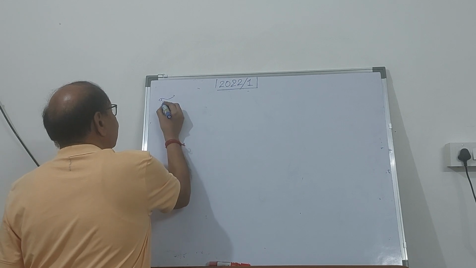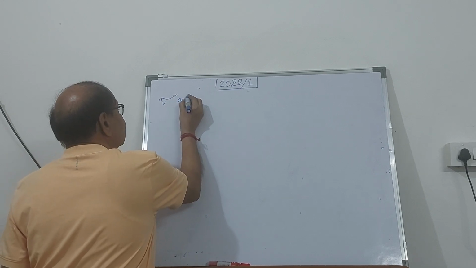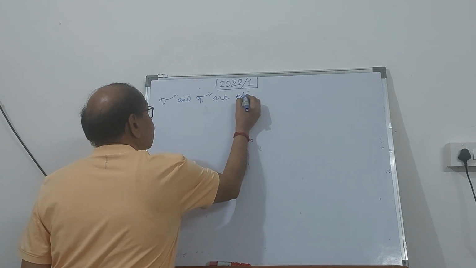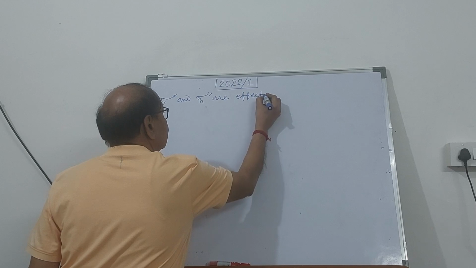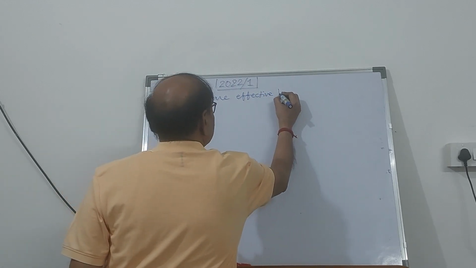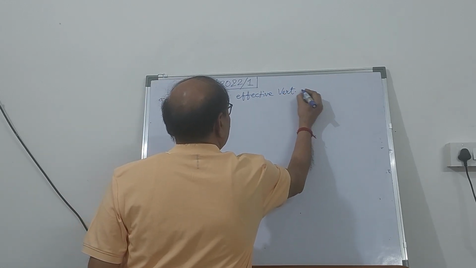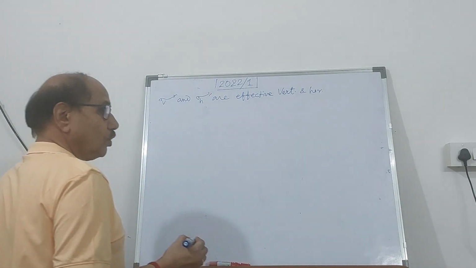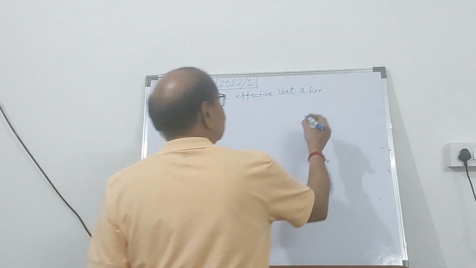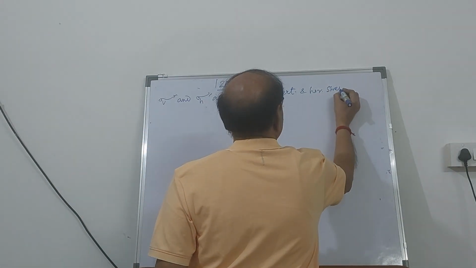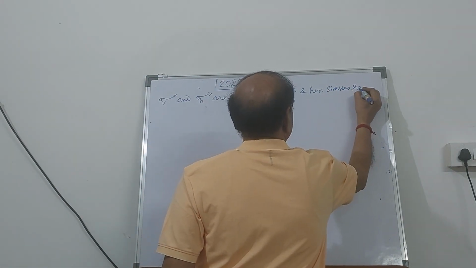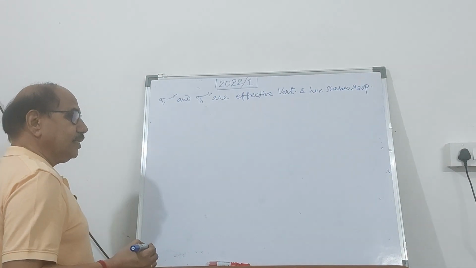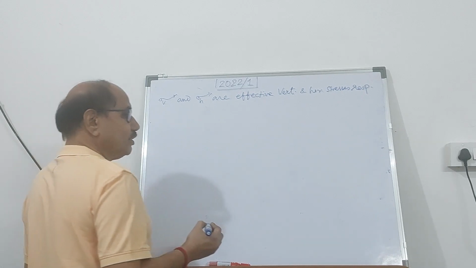So sigma V prime and sigma H prime are effective vertical and horizontal stresses respectively. And you have to find the conditions to be satisfied.